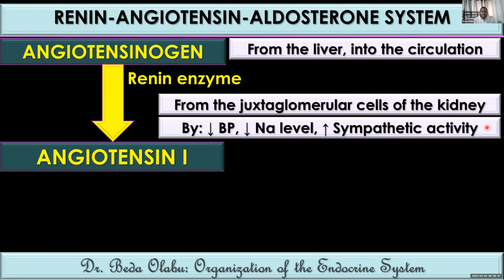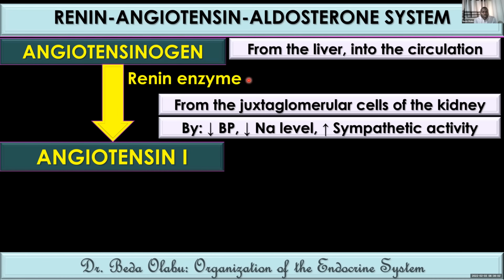So increased sympathetic activity, low levels of sodium in the renal tubules, and a fall in blood pressure will all stimulate the juxtaglomerular cells, well, maybe indirectly, but will cause the juxtaglomerular cells eventually to produce renin enzyme.